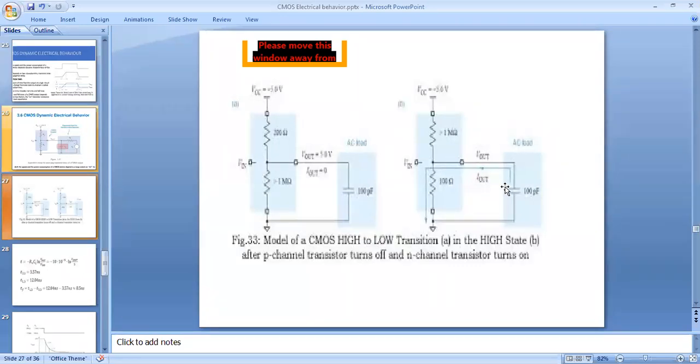Low input. Now draw the equivalent circuit for that case.